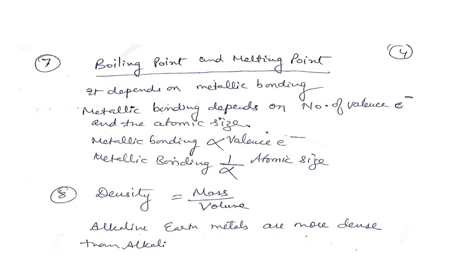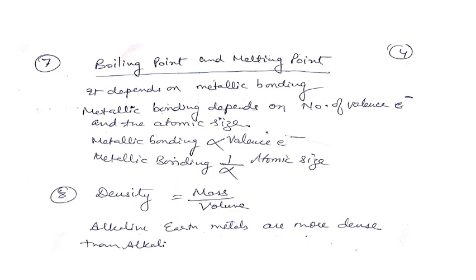Down the group the atomic size goes on increasing, so metallic bonding goes on decreasing, which means the boiling point and melting point also decrease.